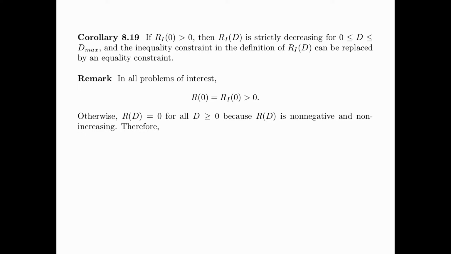In this corollary, the assumption is that R_I(0) is strictly greater than 0. This appears to be a rather restrictive assumption, but in fact it is not. The reason is that in all problems of interest, R(0), which is equal to R_I(0), is greater than 0, because otherwise R(d) is equal to 0 for all d greater than or equal to 0, because R(d) is non-negative and non-increasing.